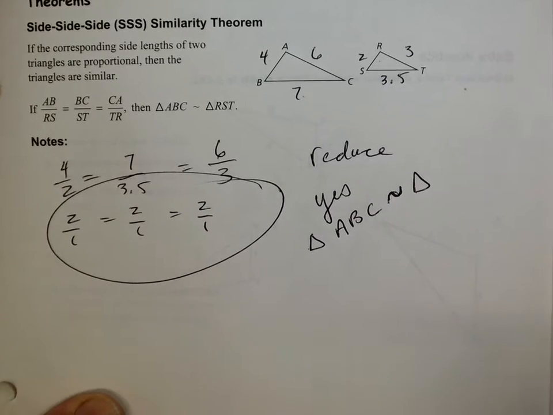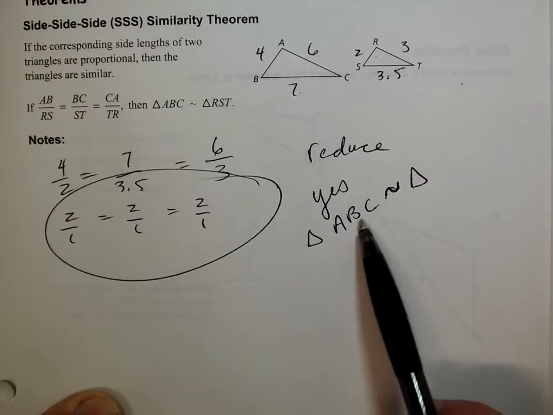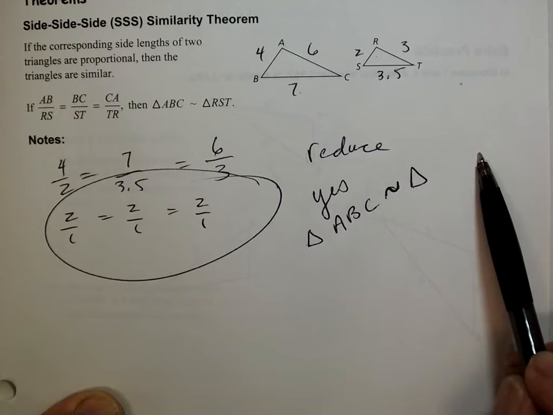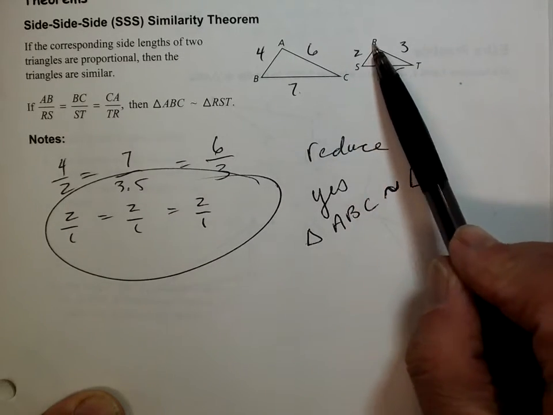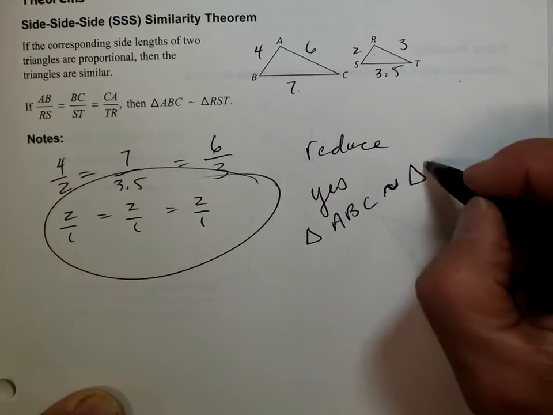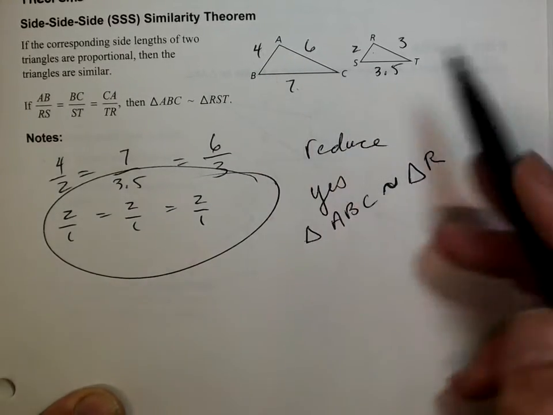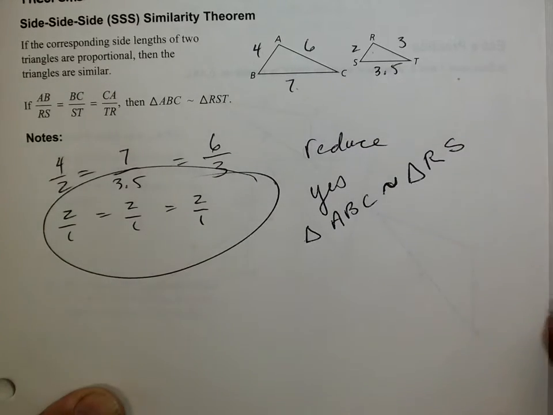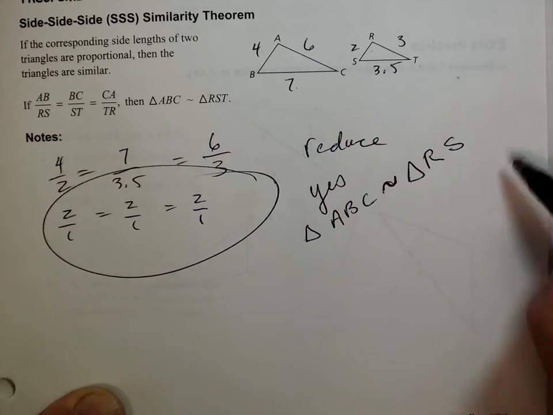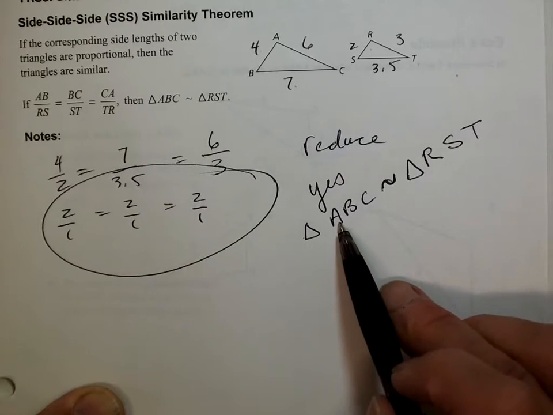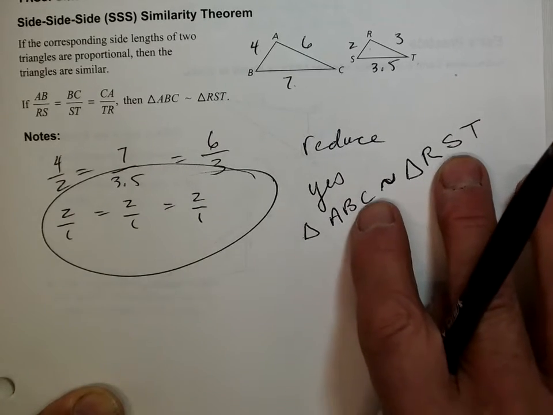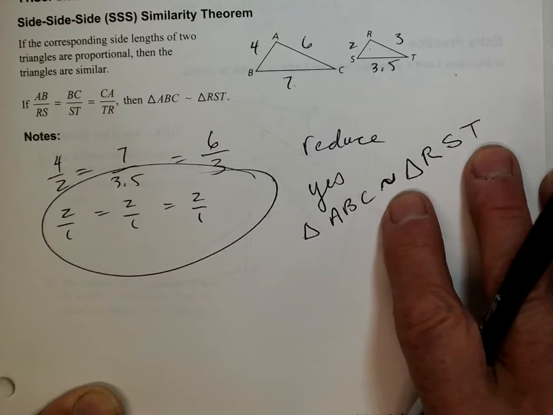Okay. Now watch. When I write triangle ABC, when I write it down, A goes to R, doesn't it? Doesn't A correspond to R? So R's got to go here. B corresponds to S, you agree? So S has to go here. And C corresponds to T, so you have to have the angles match up to their congruent angles.